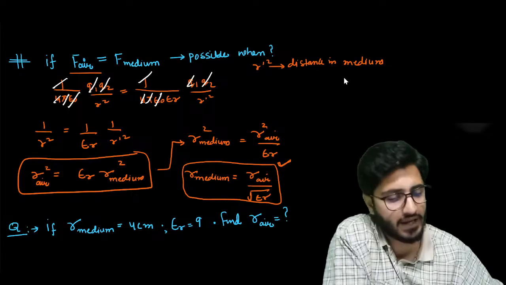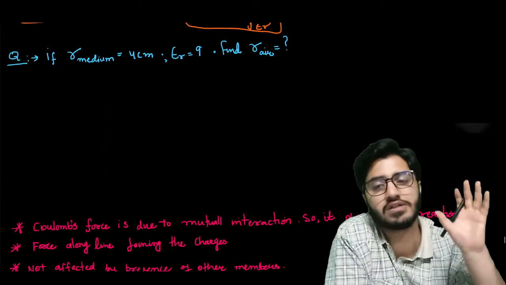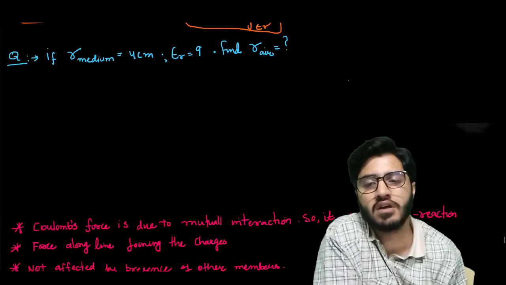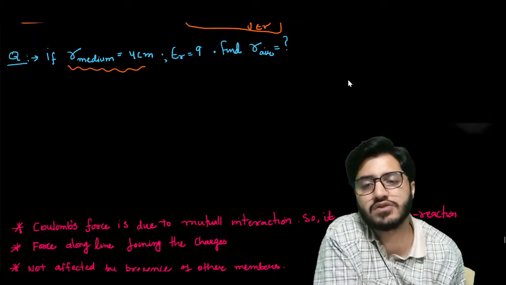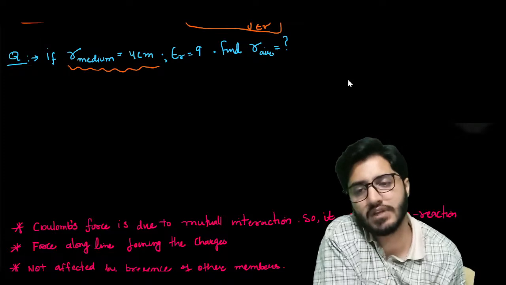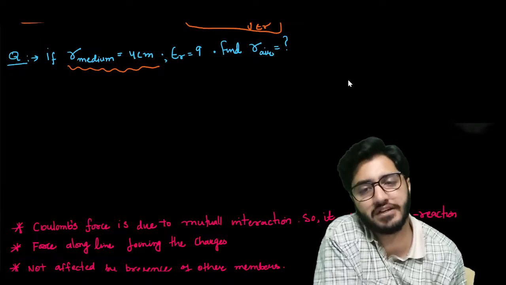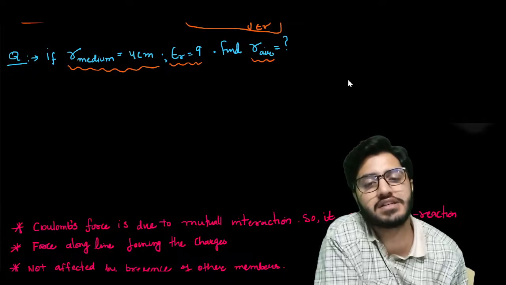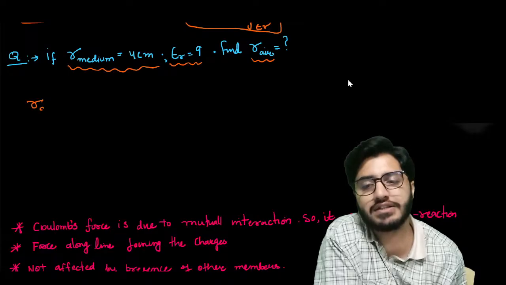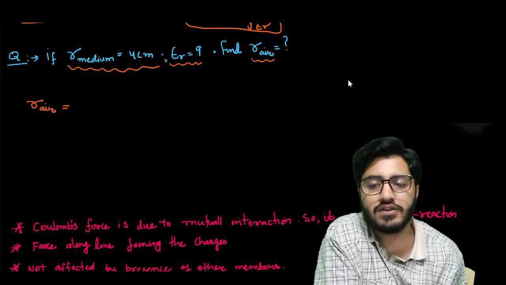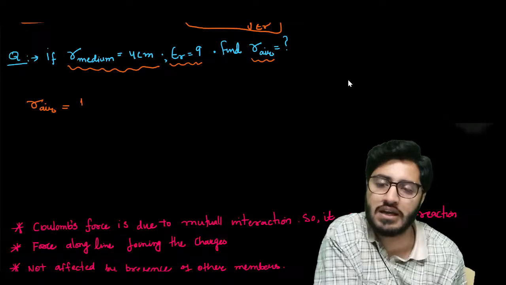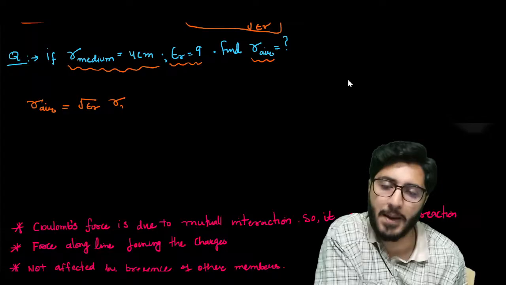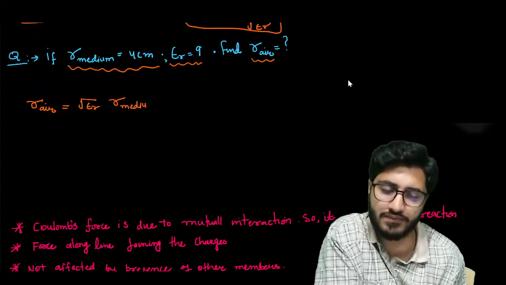So let us do a numerical on the same one. Look here. If the distance in medium is given as 4 centimeter and epsilon R is 9, what is the distance in air? We know that distance in air is equal to under root of epsilon R times distance in medium.